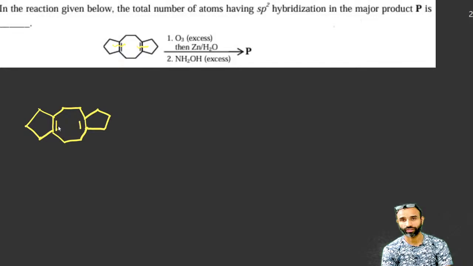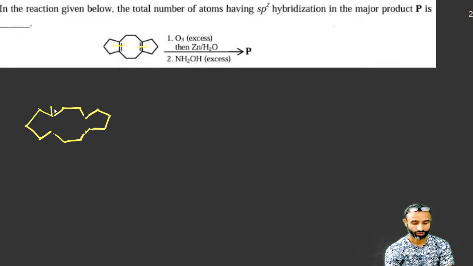This is the reactant. Now, when ozonolysis takes place, there is a breaking of double bonds, and when these double bonds break, there is a formation of a double bond O.